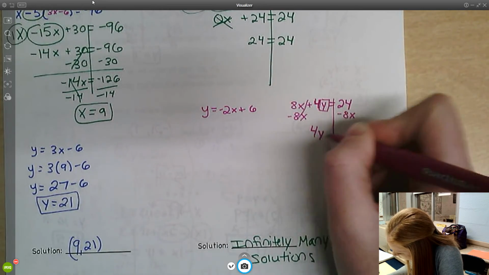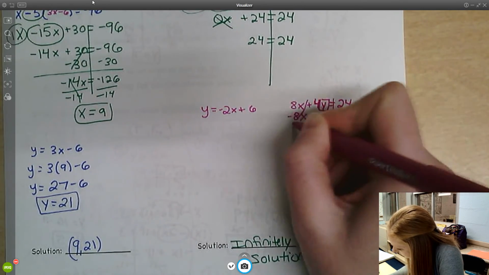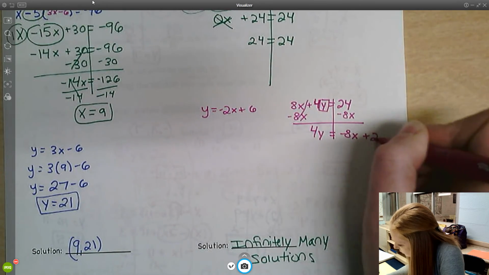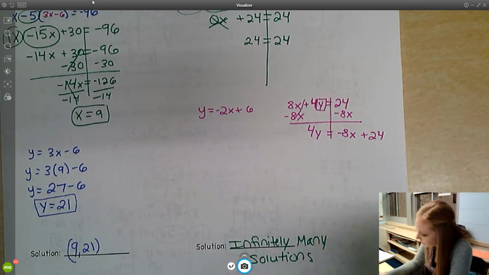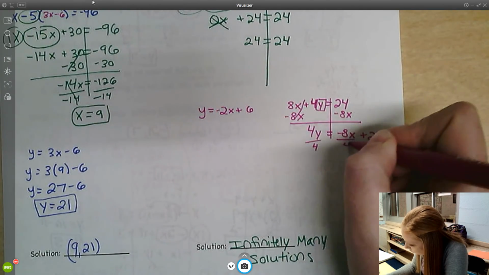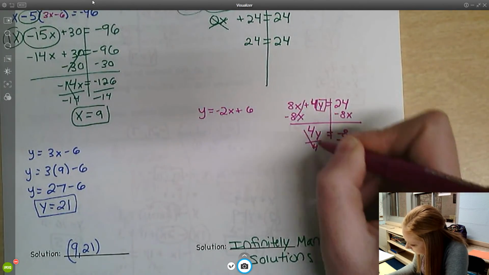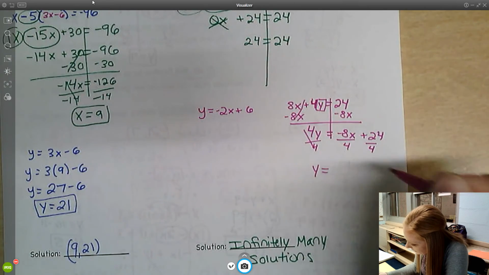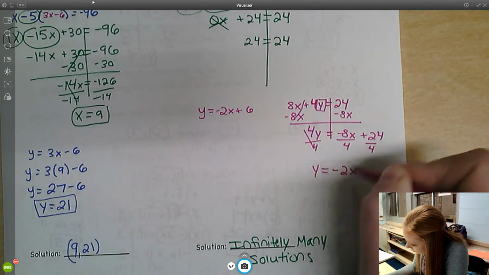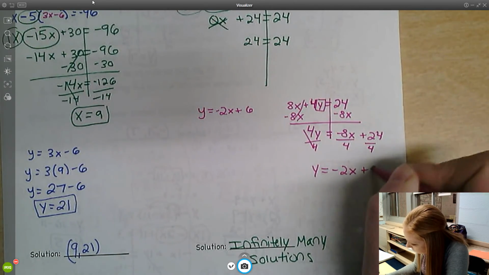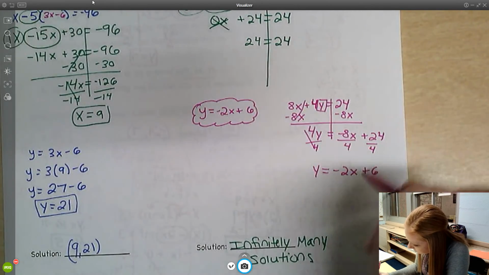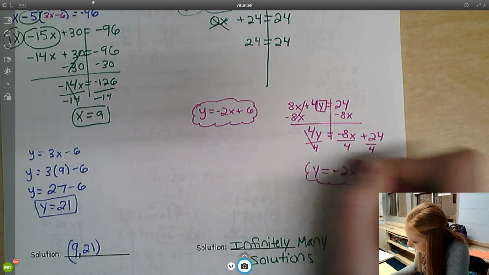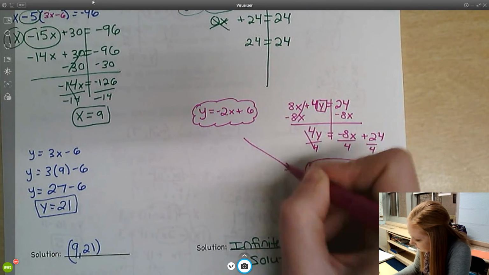Then I'm left with 4y equals negative 8x plus 24. I'm just putting the term with the x in front because it's y equals mx plus b. Then let's divide everything by 4. Negative 8 divided by 4 is negative 2x. 24 divided by 4 is 6. And would you look at that? They're the same line.